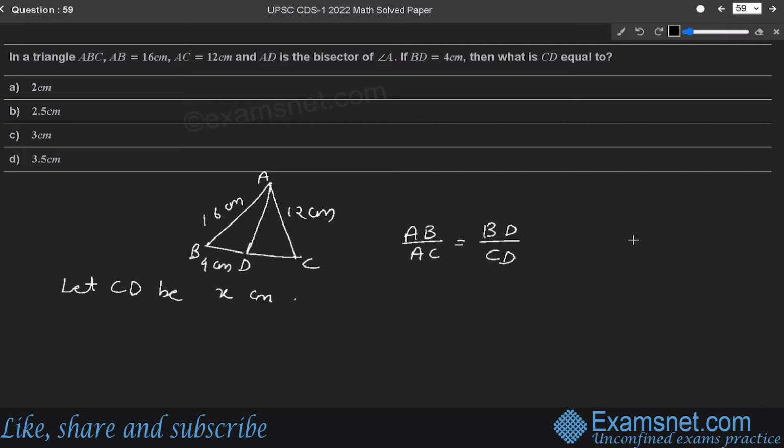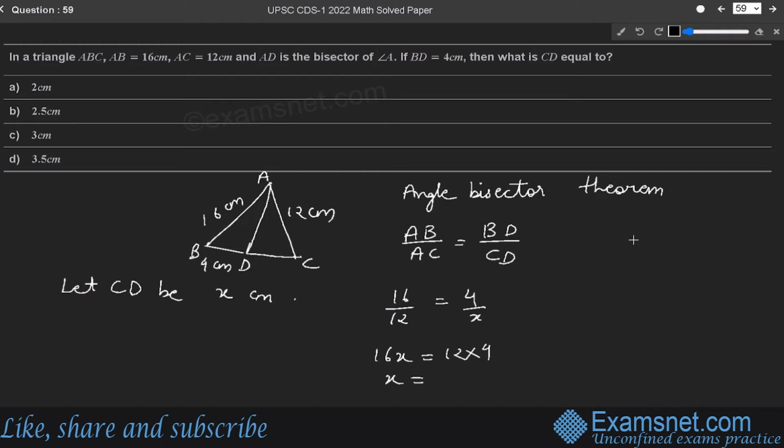This is the main concept in this question. So according to this, AB upon AC is equal to BD upon CD. Now according to our diagram, putting values here, we will get 16 upon 12 is equal to 4 upon x. Or we can say 16x is equal to 12 into 4.